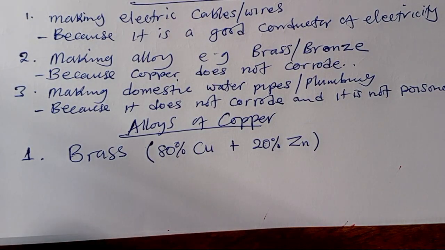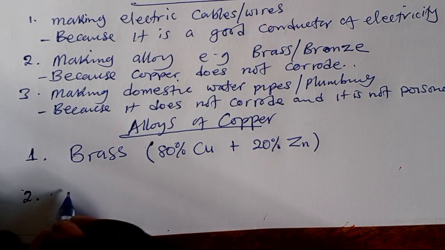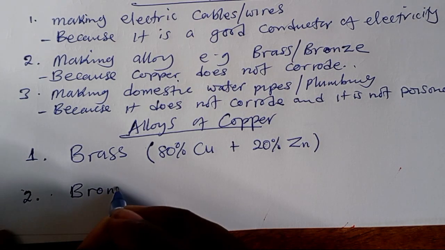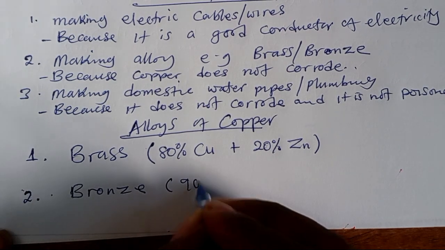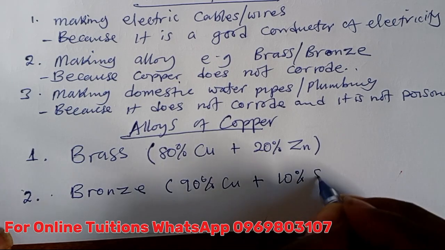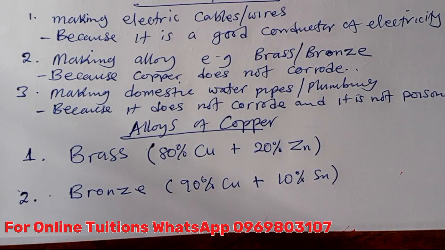How is this brass used? Brass is used to make boats, clocks, and musical instruments. Number 2, bronze. Bronze is 90% copper plus 10% tin. Bronze is used to make coins. It can also be used to make medals and trophies. These 2 are the alloys of copper.